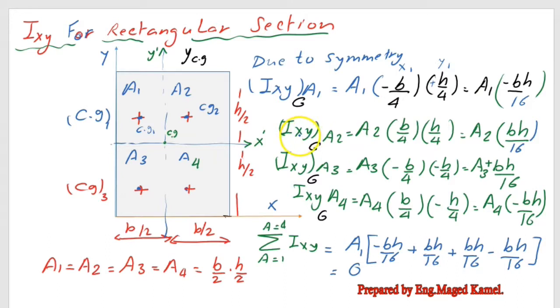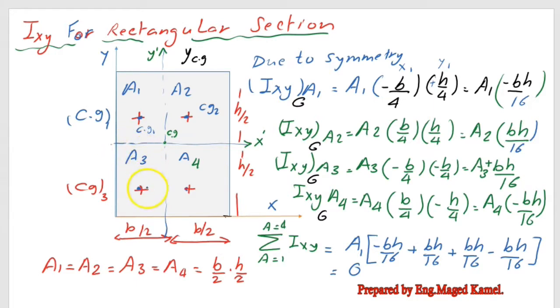While for the Ixy at g for area number 2, it will be equal to A2, the x value, which is x2, equal to plus b over 4, while y2 is equal to plus h over 4. So Ixy at g for A2 will be A2 times bh over 16.